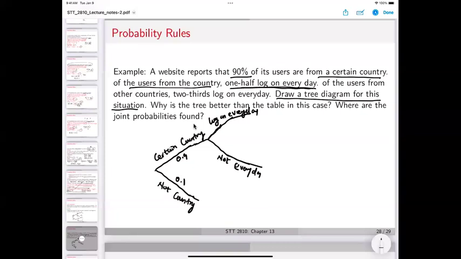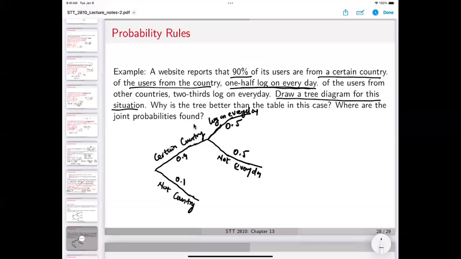And I'm told that 1/2, so every day is going to be 0.5. Not every day will also be 0.5. Does that make sense? Do you see why I put it from the certain country? Because I'm told that of users from the country, 1/2 log on every day. So log on every day, not every day: 0.5 and 0.5.